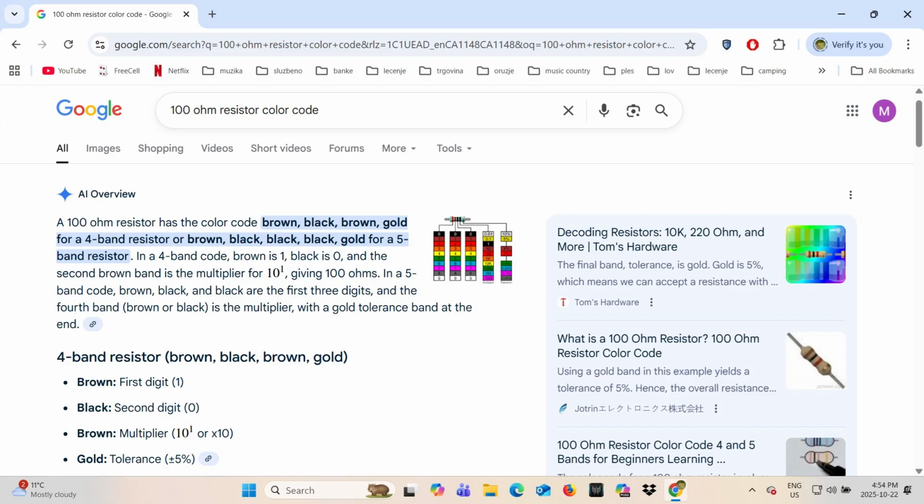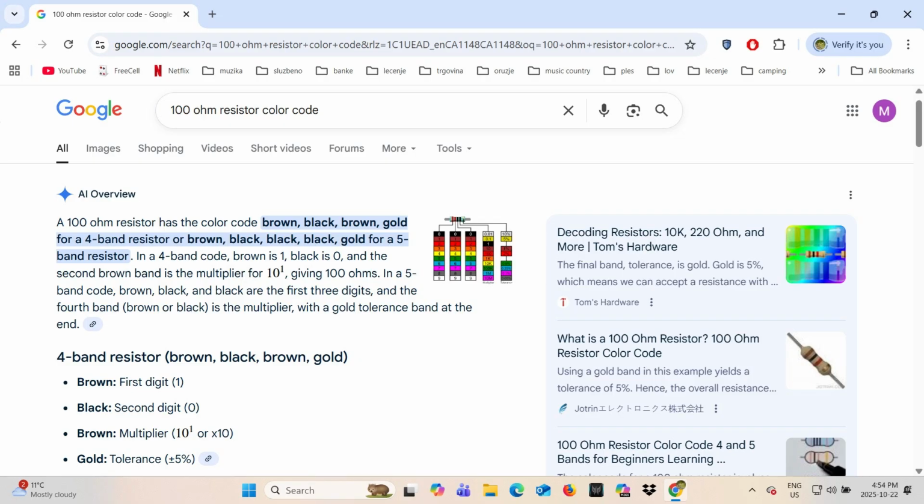Hey Aiko, 100 ohm resistor color code. Google babe, please read it. A 100 ohm resistor has the color code brown, black, brown, gold for a 4-band resistor or brown, black, black, black, gold for a 5-band resistor. In a 4-band code, brown is 1, black is 0. And the second brown band is the multiplier for 10 to the power of 1, giving 100 ohms.